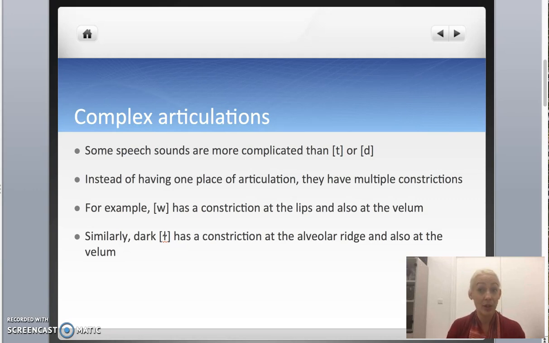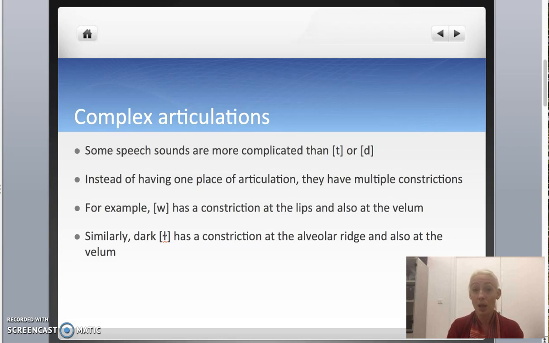In English, we discussed two examples of sounds with complex articulation, and that was w, which has a constriction at the lips, but also at the back of the tongue with the velum, and dark l, so the allophone of l that appears at the end of words, for example, in words like bowl or crawl.